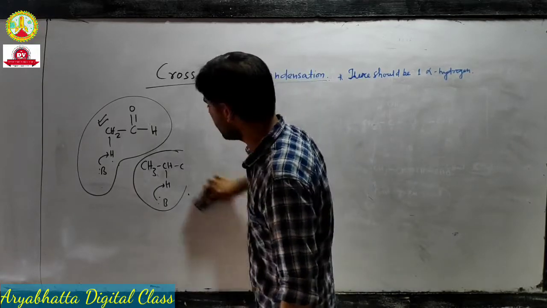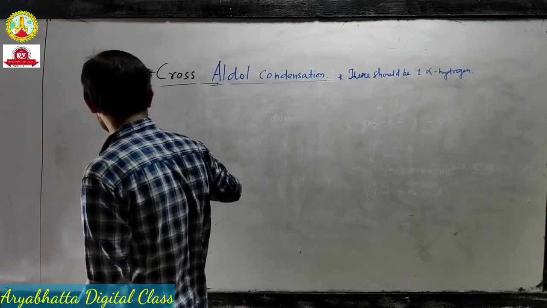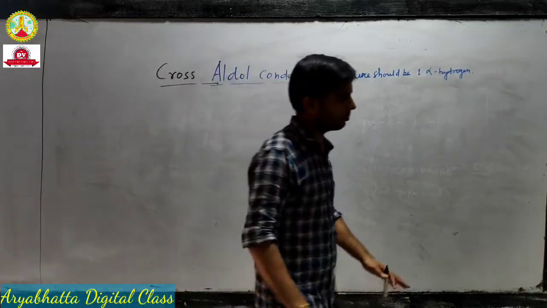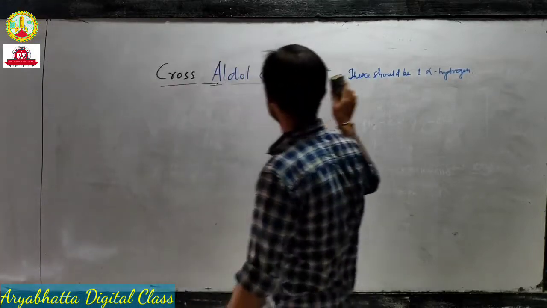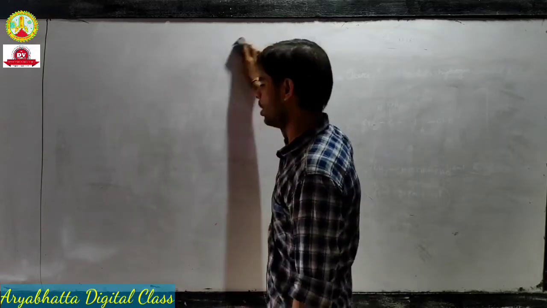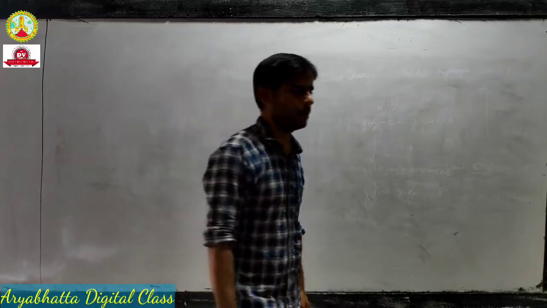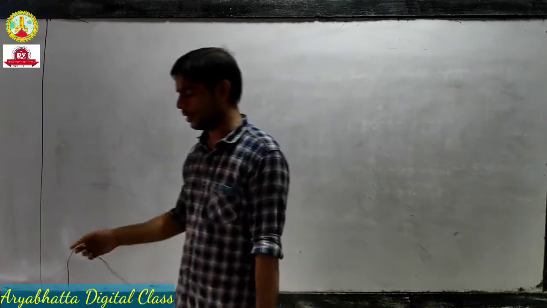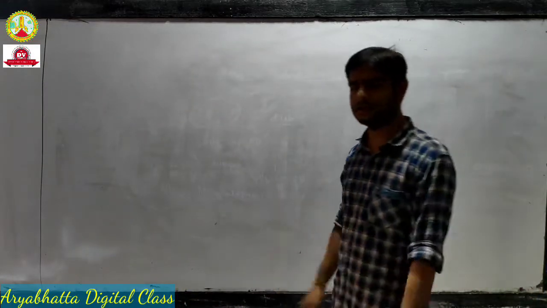Aldol condensation, I won't call it a difficult reaction, but it's a complex reaction. Actually, if we do a crossed aldol, then we get a variety of mixture products, and that's why it seems a bit complex, but it's not that difficult once you get an idea how to connect carbons and how to remove a hydrogen, and then how to connect this negatively charged carbon to another molecule.